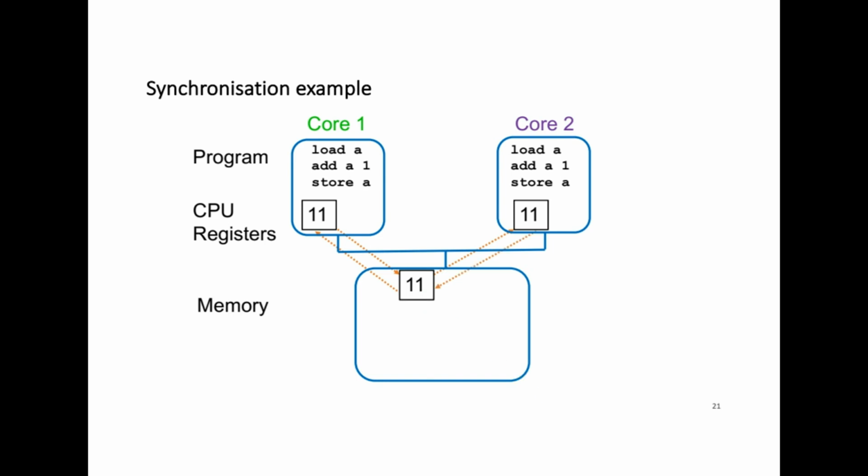The final thing that happens is that core 2 stores its value also back into memory, and we end up with a value in memory of 11. Whereas we started with 10, and 2 threads added 1 to it. We would have really liked to get the value 12, but because these instructions got interleaved in a certain way, we can end up with the value 11.